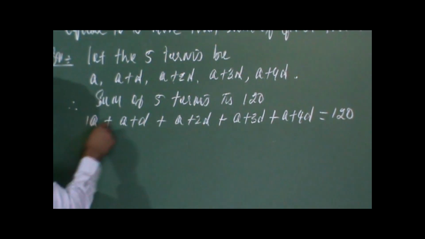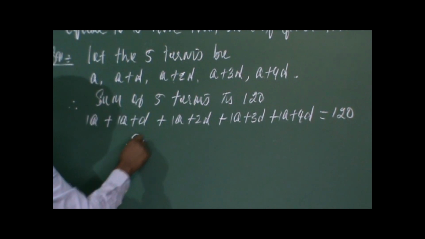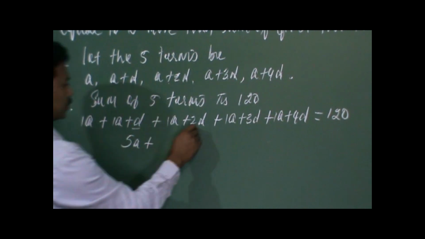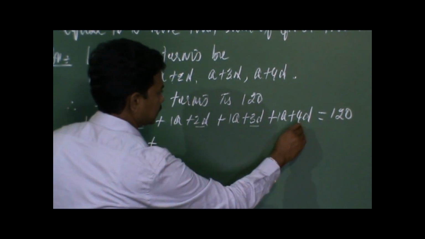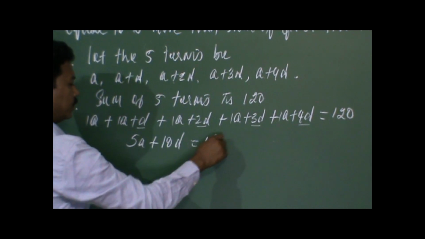So here 1a plus 1a plus 1a plus 1a plus 1a is 5a, plus d plus 2d plus 3d plus 4d is 10d, equal to 120.